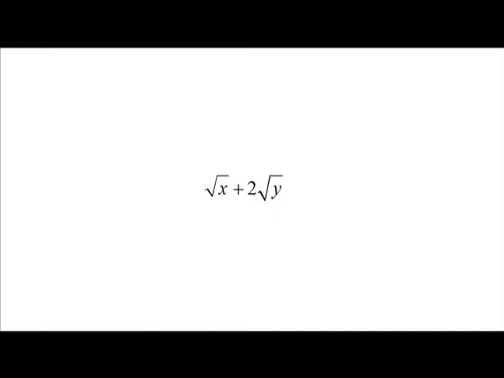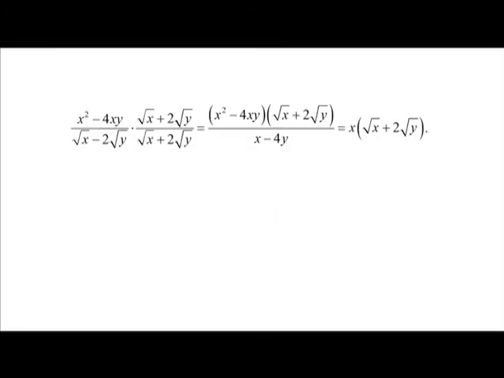However, if we multiply the numerator and denominator by the conjugate expression square root of x plus 2 times square root of y, we obtain x square minus 4xy by root x minus 2 root y times root x plus 2 root y by root x plus 2 root y, which is equal to x square minus 4xy times root x plus 2 root y, all divided by x minus 4y, which is equal to x times square root of x plus 2 root y.